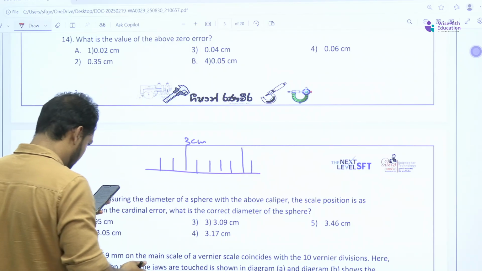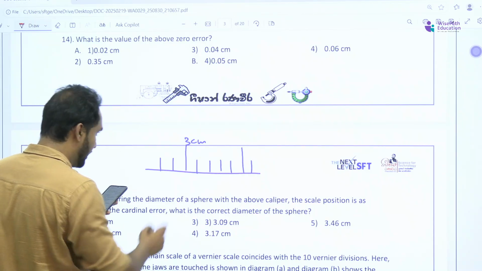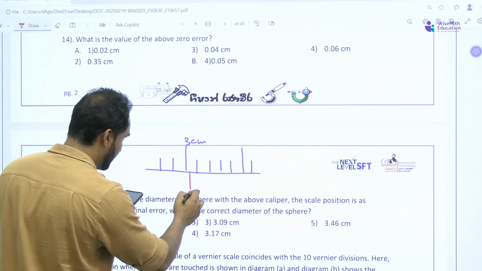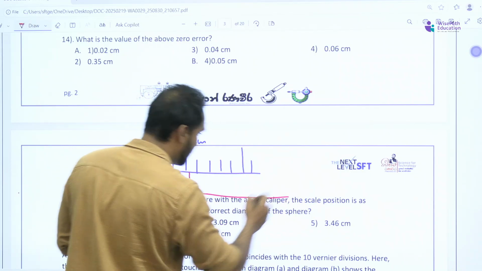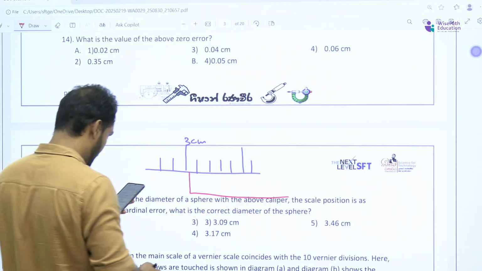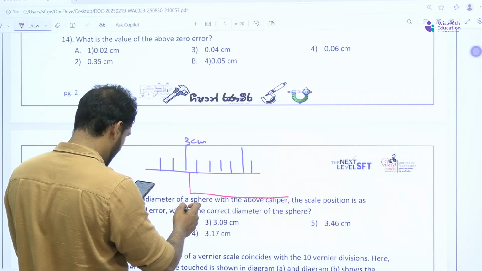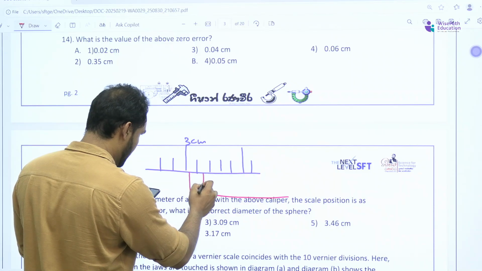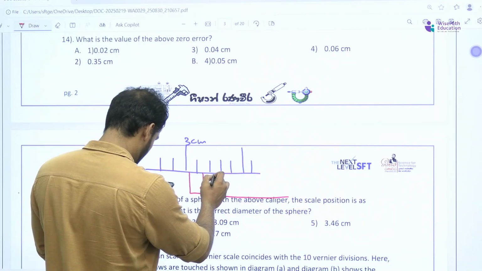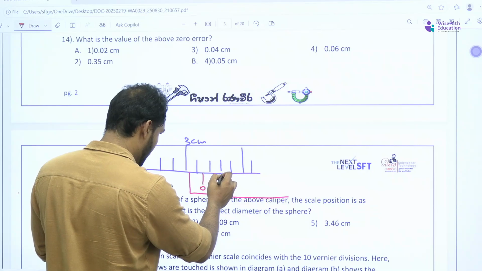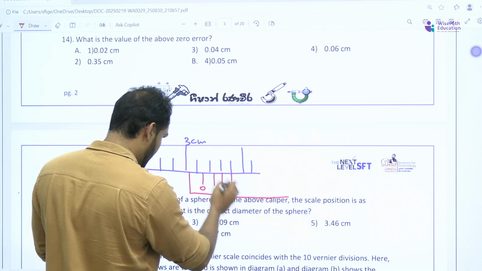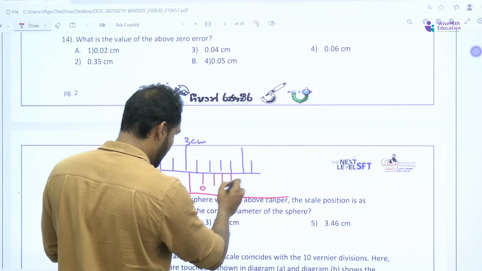So the other thing is given like this. This line is given here, right? So this is somewhat the vernier scale. This is here. This is the vernier 0. 1, 2, and the third line has aligned, right?